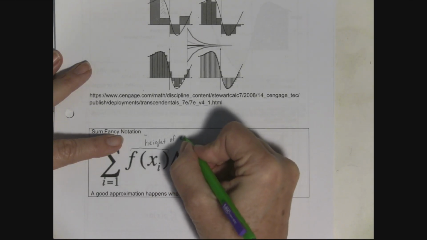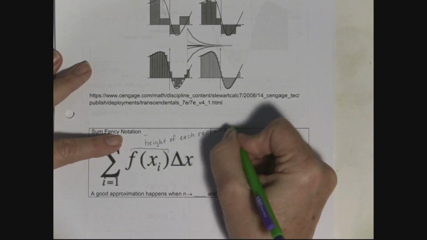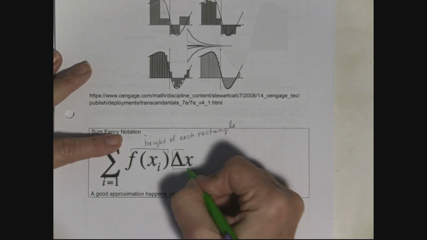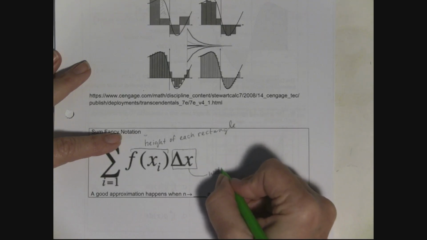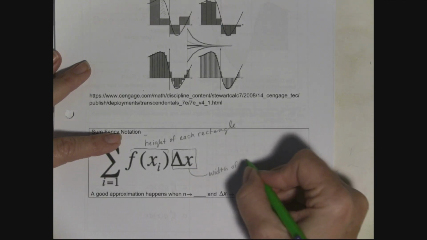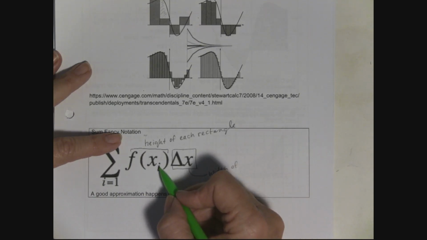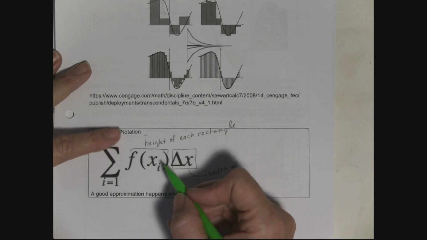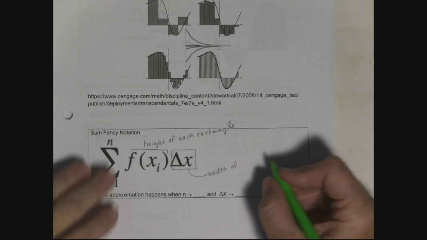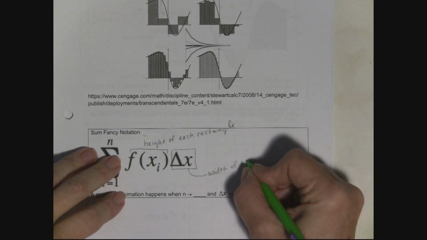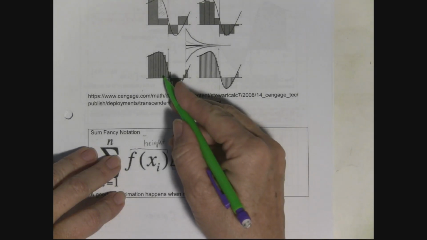And this was the width of each rectangle. The way they've written it here, without the i on it, so this is rectangle 1, rectangle 2, rectangle 3. Remember the first time I labeled them rectangle 1, rectangle 2. This is the width of each rectangle, and they're saying that they're all the same width.